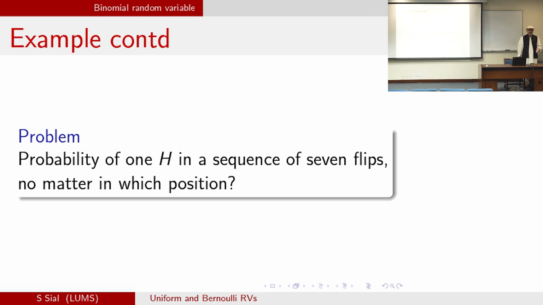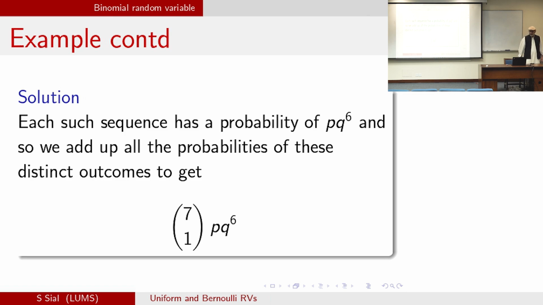7 choose 1. So what's the probability of having 1 h without any restriction as to which slot in the sequence it's in? 7 times. Right. The sum of all of those, there are 7 choose 1 ways of doing it. Each sequence that we're specifying here has a probability of P to the 1, Q to the 6.